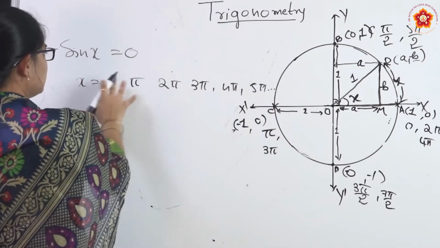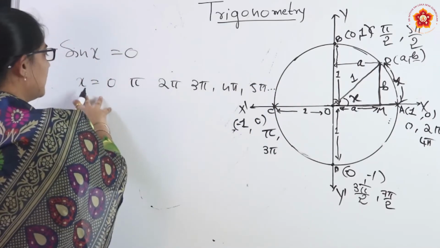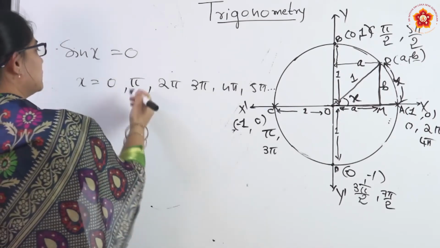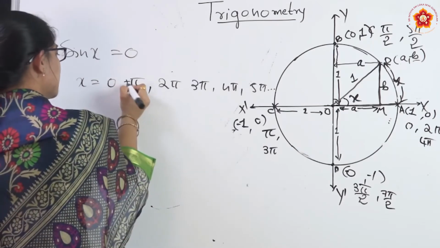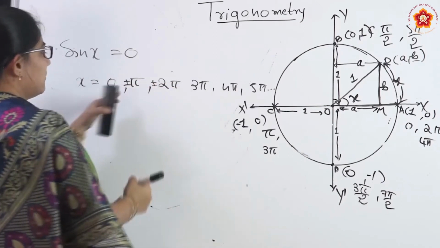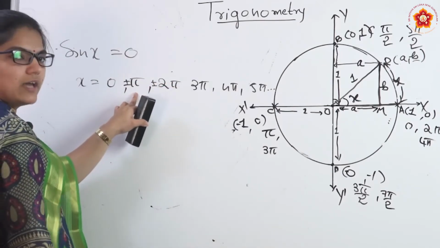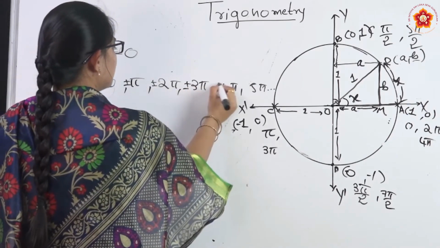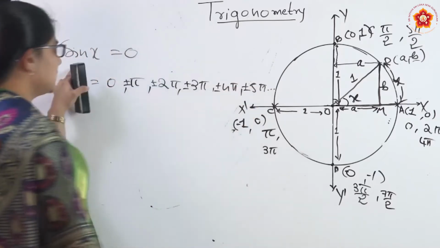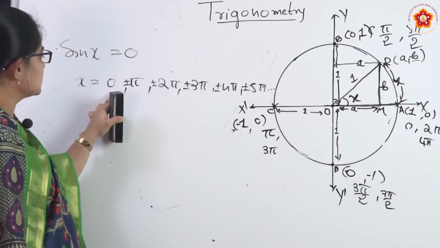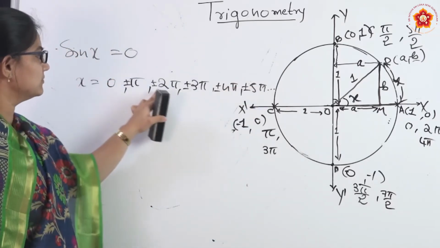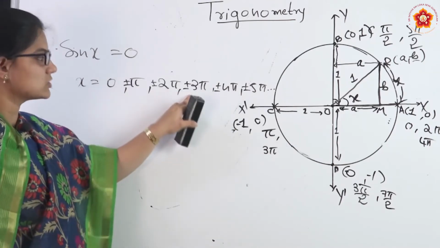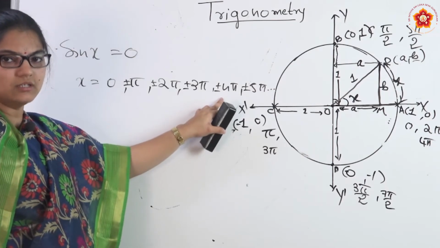So your sin x will be 0 for x equal to 0, pi, 2 pi, and you can consider the negative also, plus or minus, because for minus pi also you will get the value 0 only, okay. So for all such values you will get sin x as 0. So it consists of all the integers, right, 0, plus or minus 1, plus or minus 2, plus or minus 3, etc. These are nothing but the integers.